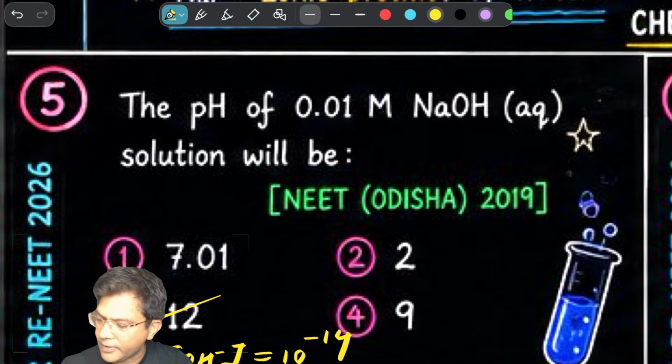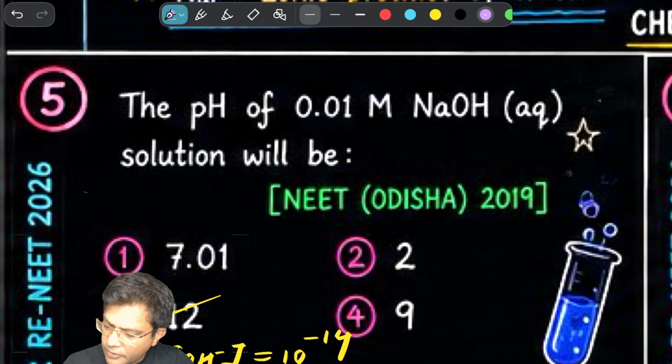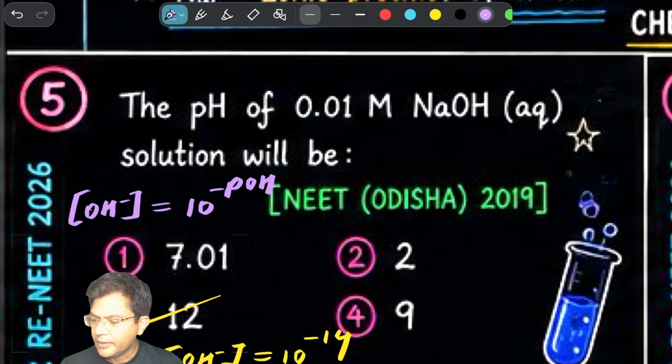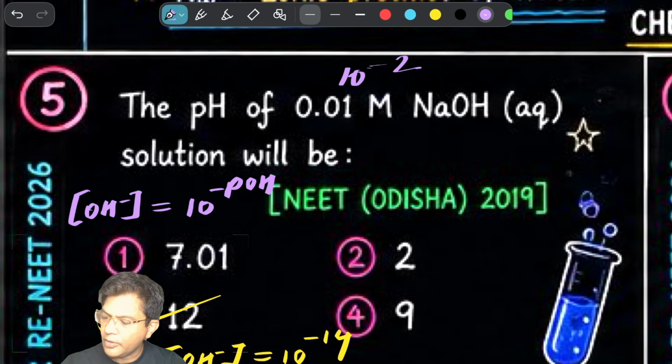Directly you can do one thing. Just like H plus concentration, OH negative concentration is equal to 10 raised to power minus pOH. Whatever is written over there, that is your pOH. So I can write 10 raised to power minus 2, so your pOH is becoming 2.